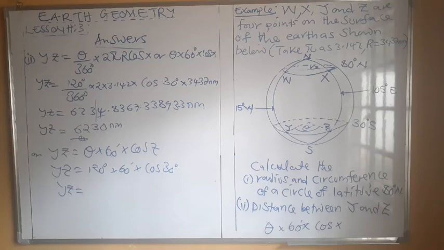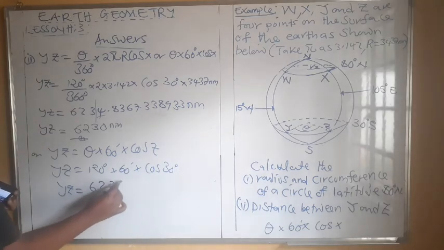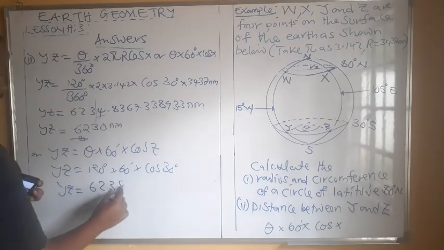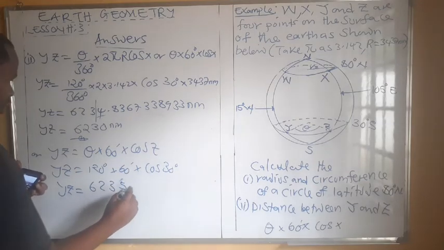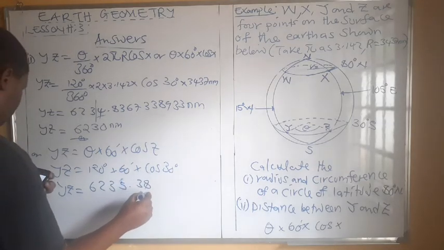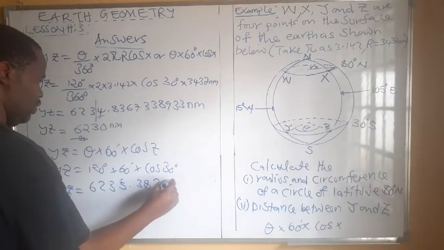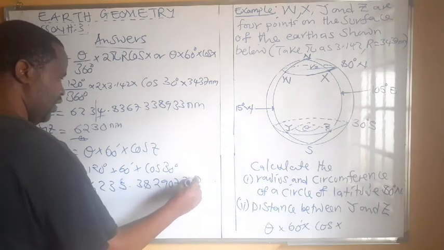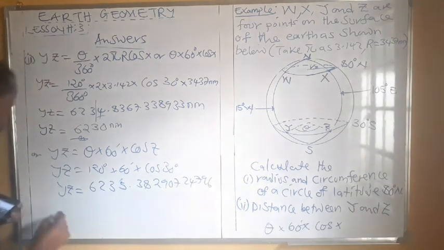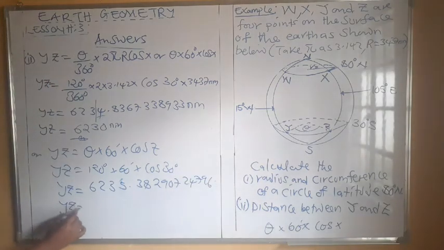Okay, so when you work it out, you have got 6235.38 29 07 24 796. So YZ is equal to, you round it off again to 3 significant figures.